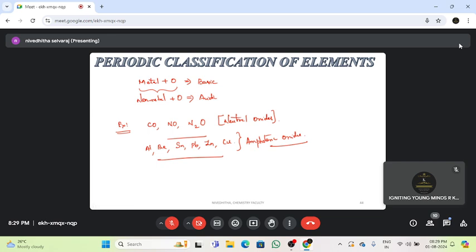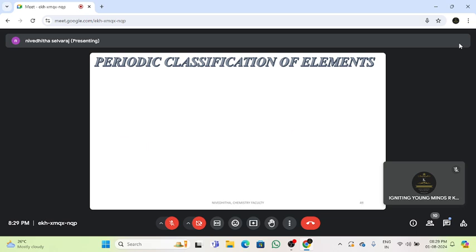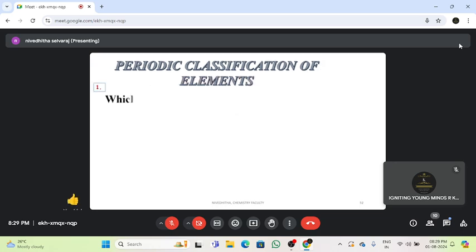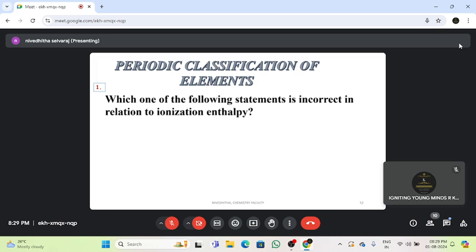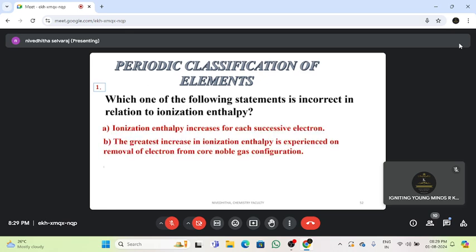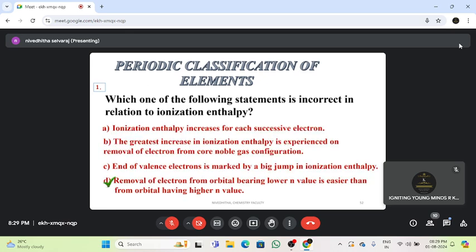So now we'll move on to a few questions. The first question is: which one of the following statements is incorrect in relation to ionization enthalpy? We have to find the wrong statement here.